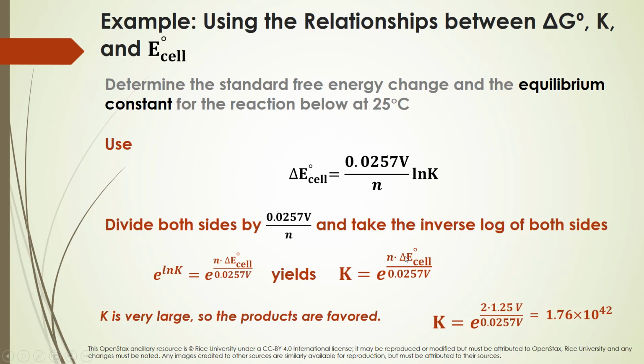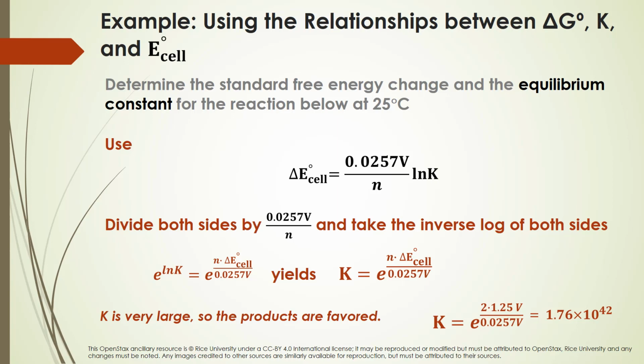You're going to plug in your cell potential, 1.25 volts. And this, of course, is a constant, which you can see down at the bottom corner. We take e to that power, and it's going to give us 1.76 times 10 to the 42nd power. Now, that's the value for the equilibrium constant, and notice that it is very large.